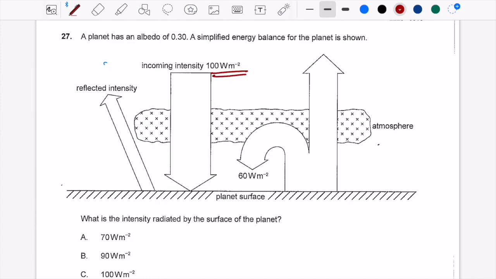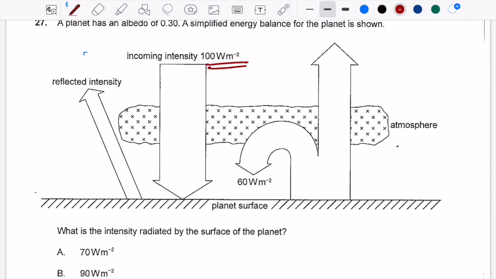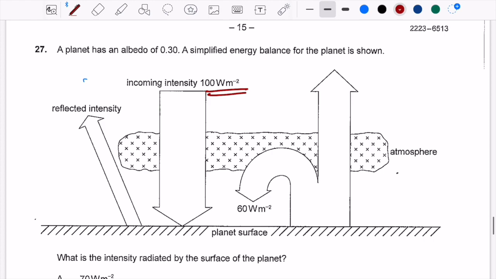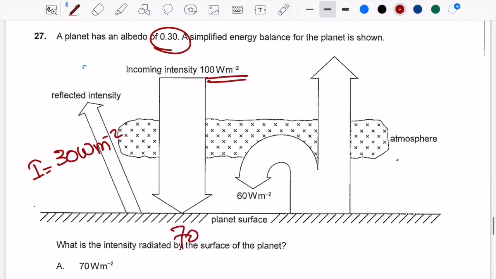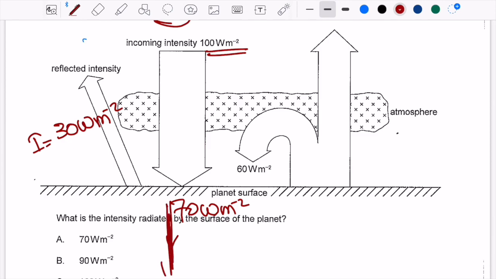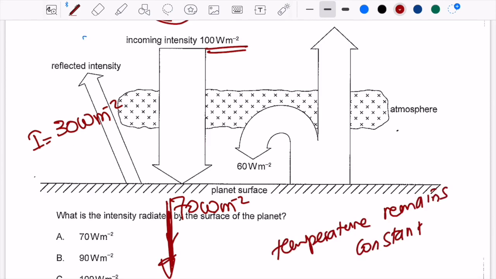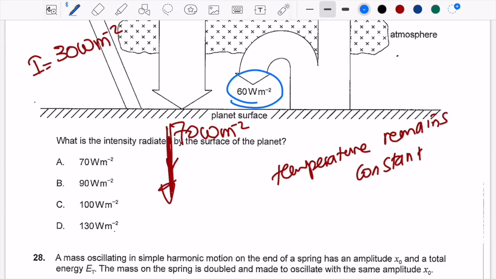The intensity reaching the earth is 100 watt per square meter, and the albedo is 0.3. It means 30 watt per square meter. This intensity will move back, and 70 watt per square meter will reach the interior of the earth, right? The earth actually gets another energy or intensity, which is the intensity reflected from the clouds or atmosphere.